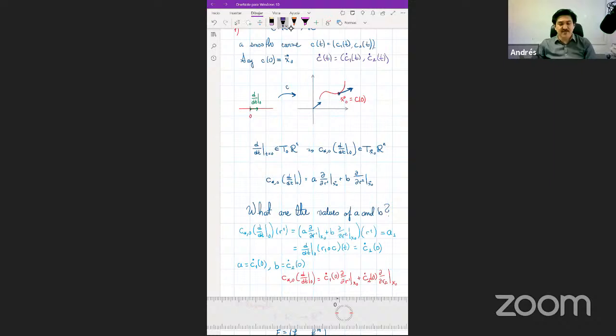That's the tangent vector to the red curve at the point C of t.